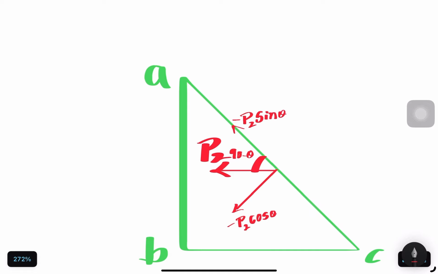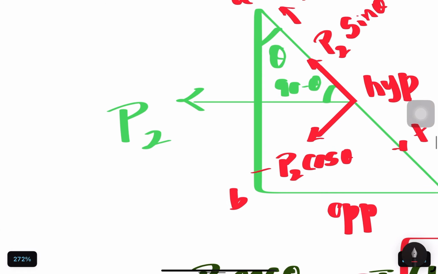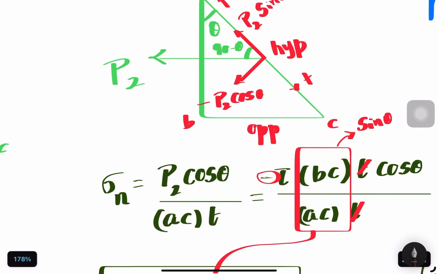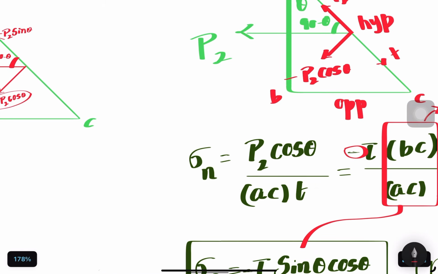Okay, it's the same. So the normal stress is the normal load, which is P2 cos theta, divided by the inclined area, which is AC into thickness. So that's what I have written here. So that's right. So the normal load is P2 cos theta divided by AC into thickness. Right? Fine.